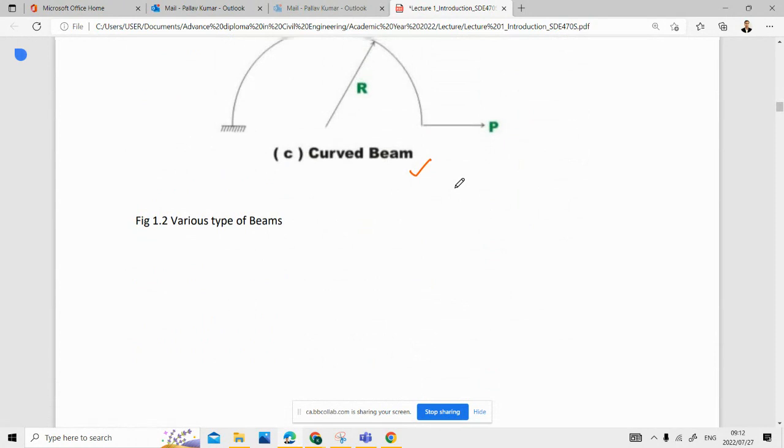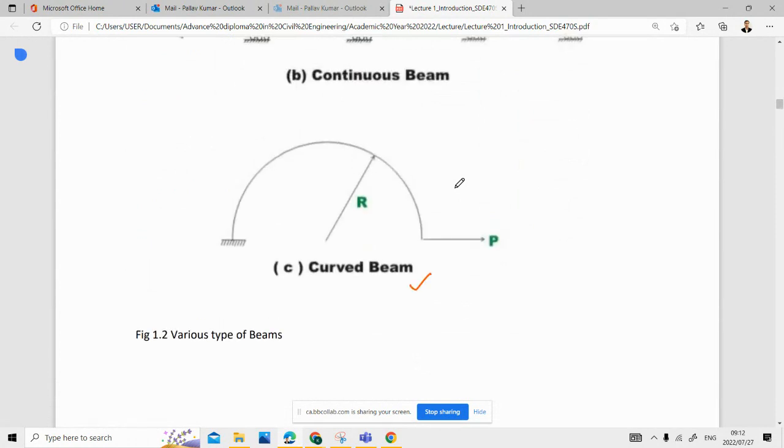How many of you have designed, or rather I don't know about design, but how many of you have gone for the analysis of the curved beam? Did you do it at your diploma level? No. That's a challenge. Maybe sometime we need to include those things in our curriculum.